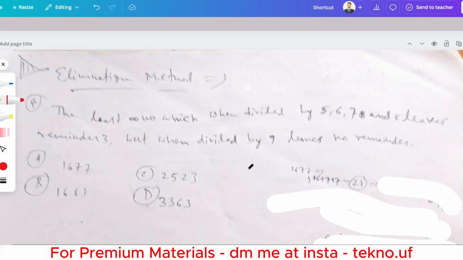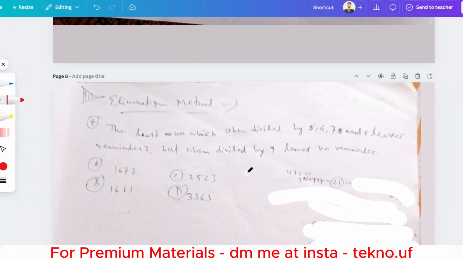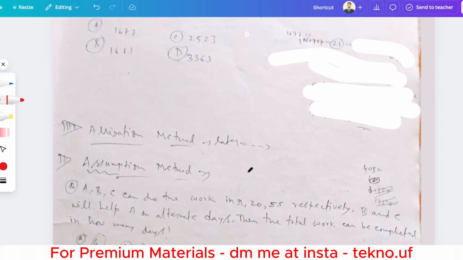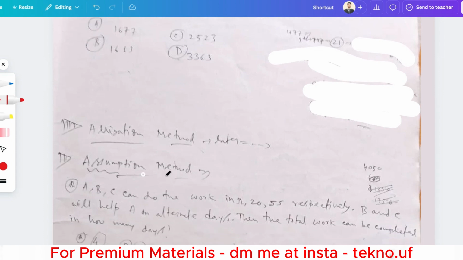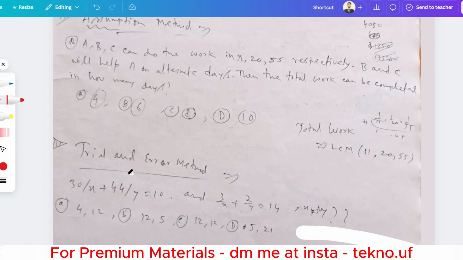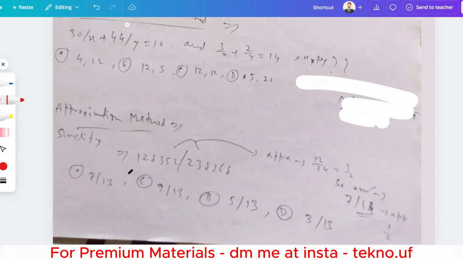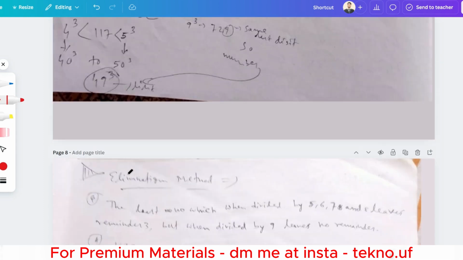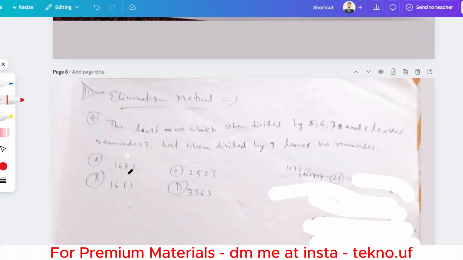Okay, so if you are calculating any problem, finding any solution, then there are a few methods you have to follow: elimination method, allegation method, assumption method, approximation method, and trial and error method. You have to follow these methods so that you can calculate the problem very fast.